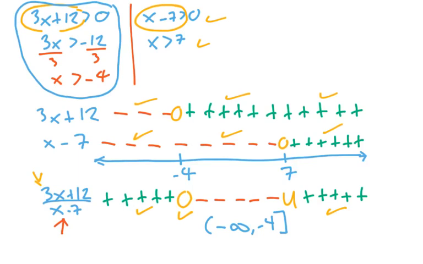But then, from 7 on to infinity is positive. The only problem is you can't use 7 itself because that did not give you a quotient of 0. That led to something undefined. So you cannot use the 7, put a round parenthesis on to infinity. And there you have it. That is how you solve a rational inequality.